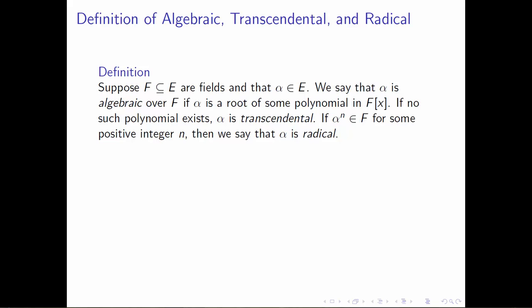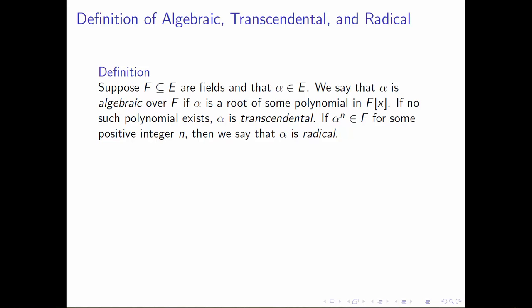An element that's algebraic is something like i. So i is a root of the polynomial x squared plus 1, so i would be an example of an algebraic number, as is the square root of 2. Something like pi or e is said to be transcendental. However, proving that pi or e is transcendental is actually very difficult.